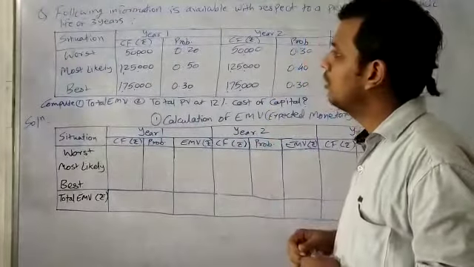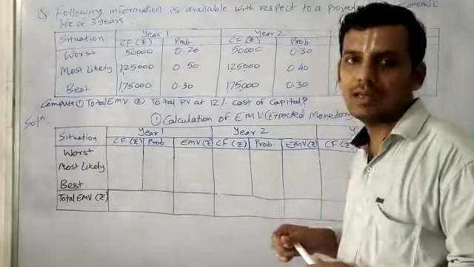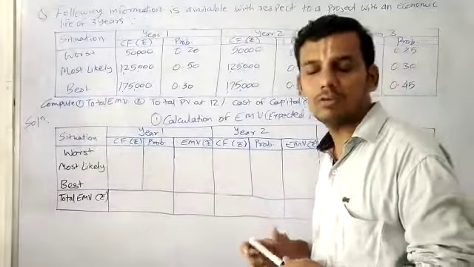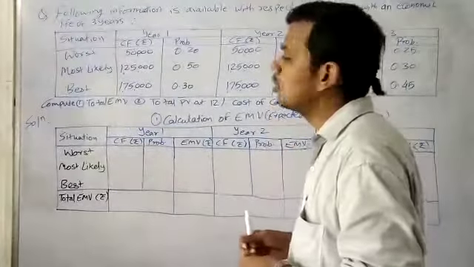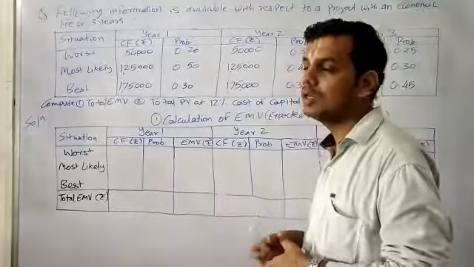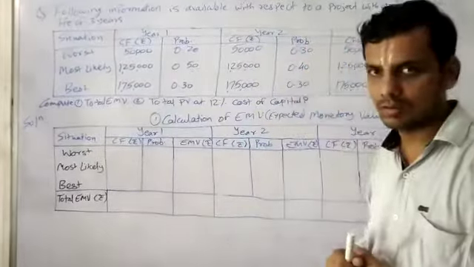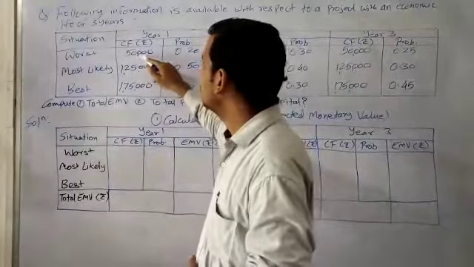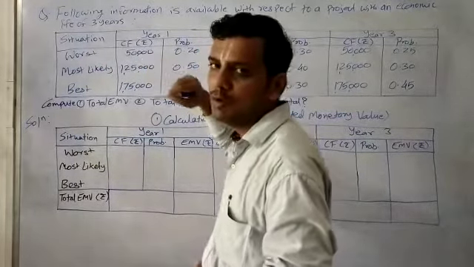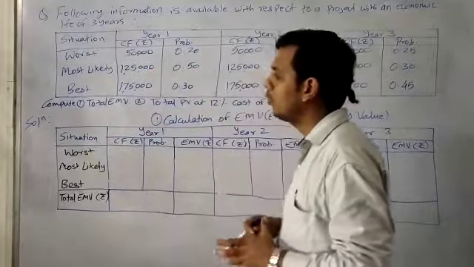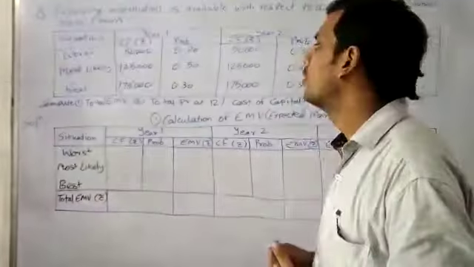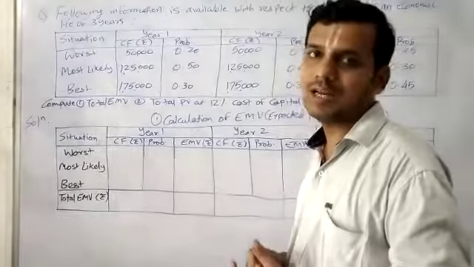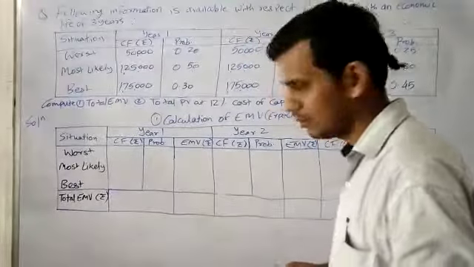Three situations are being given to us: worst, most likely and the best situation. According to these three situations, three different cash flows along with their probabilities for each of year 1, year 2 and year 3 are available with us. In year 1, worst situation, cash flow would be 50,000, probability 0.20; most likely 1,25,000, probability 0.50; best situation 1,75,000, probability 0.30.